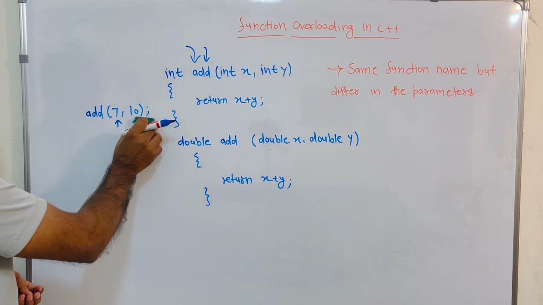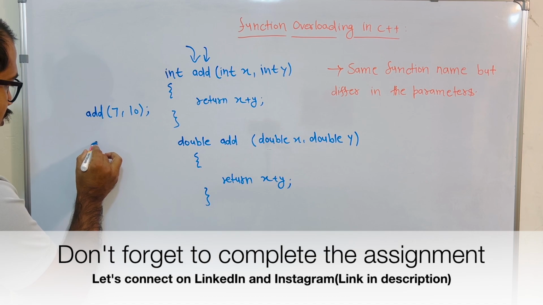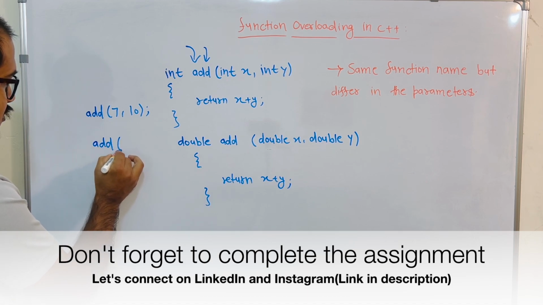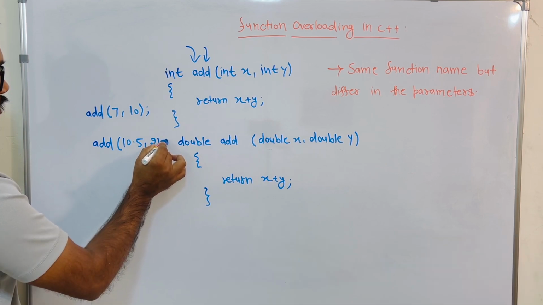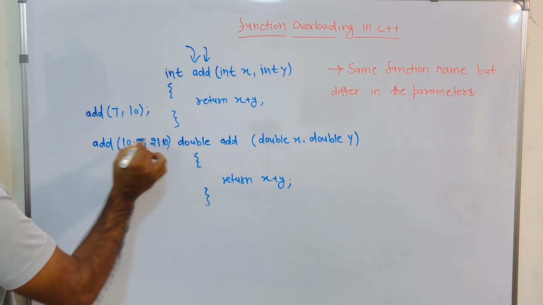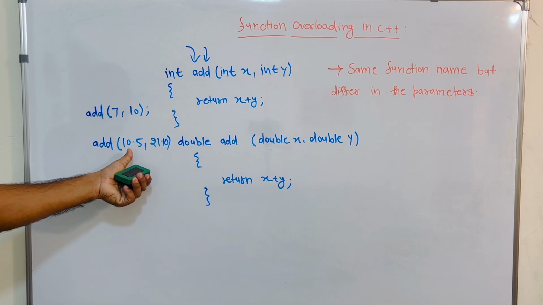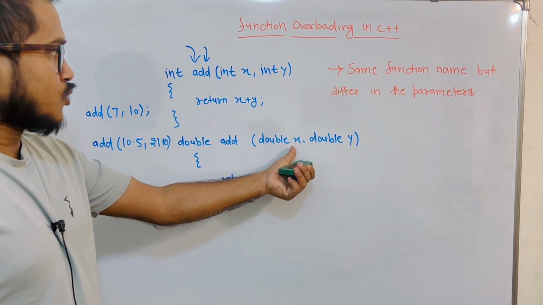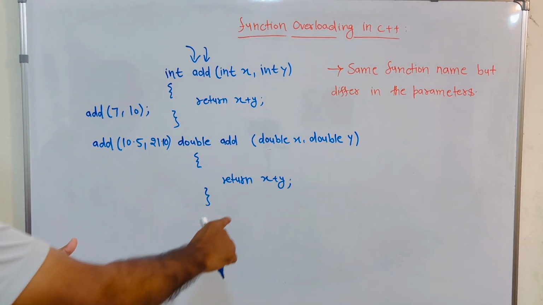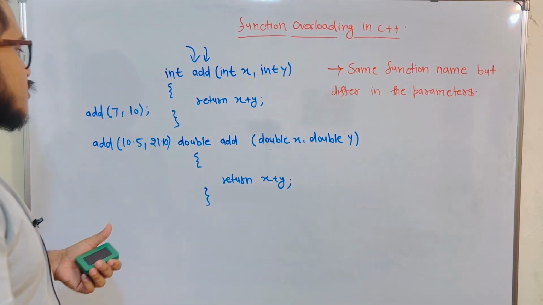Now let's say I have another call, add 10.5 and 21.10. Then my compiler will check that I have one function which accepts two double numbers and returns the sum of those two numbers.